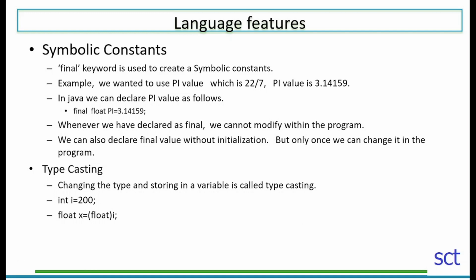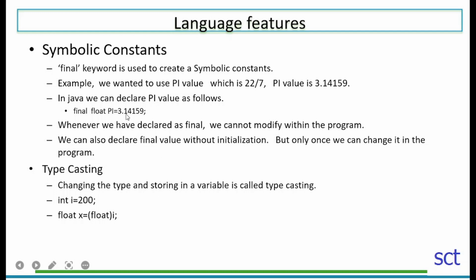You also have something called a symbolic constant. Final is a keyword which is very similar to a symbolic constant. When I declare final float pi equal to this value, I am declaring a variable pi as float and as final, which means this value cannot be changed anywhere in the program.